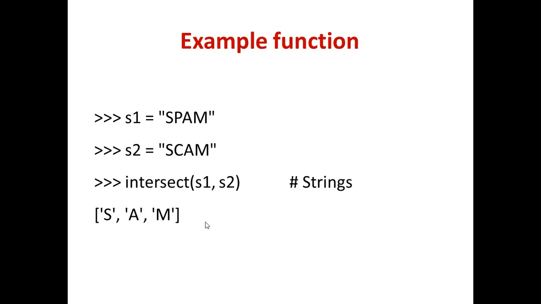Then it checks the third item in S1, sequence 1. A will be checked against SCAM. A is matching the third item in the second sequence, so that will be appended. The last one in sequence 1 is M. M will be checked against SCAM. According to this loop I am describing, finally it will print the common items as SAM.